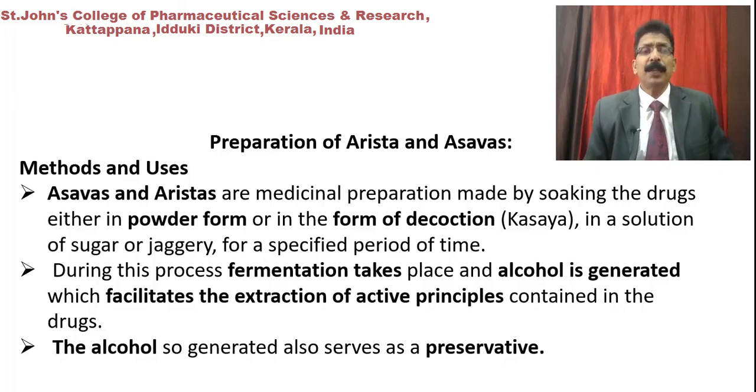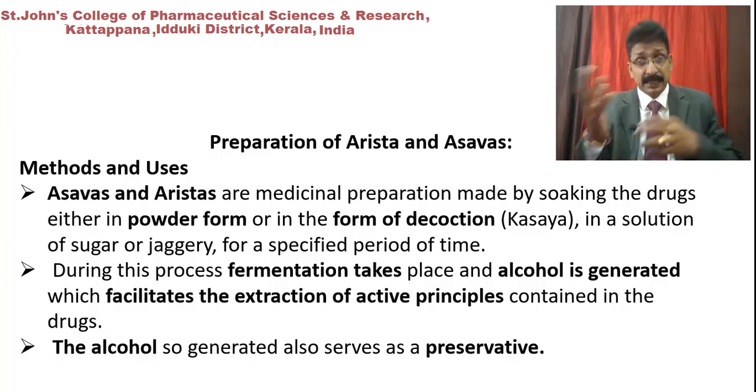During this process, fermentation takes place and alcohol is generated, which facilitates the extraction of active principles contained in the drugs. The alcohol so generated also serves as a preservative for the particular preparation.